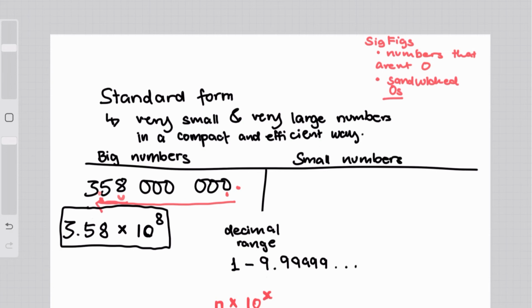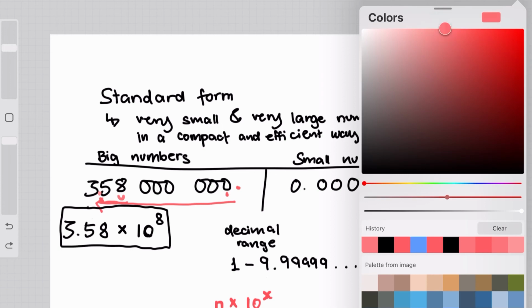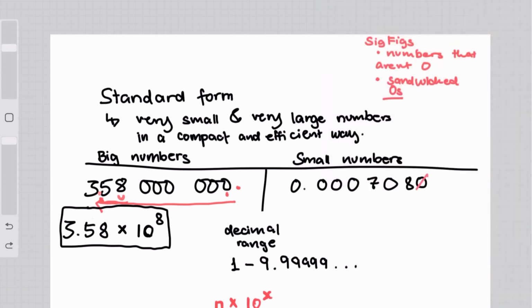Well, let's give an example of 0.000780. Ending zeros in a decimal number don't really count, so you just ignore them.